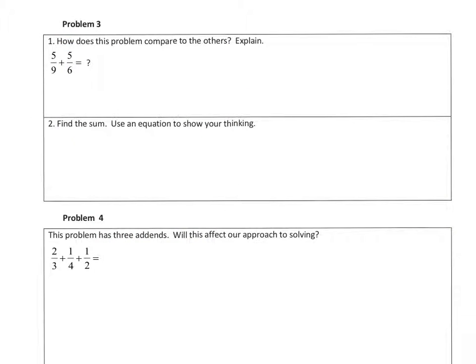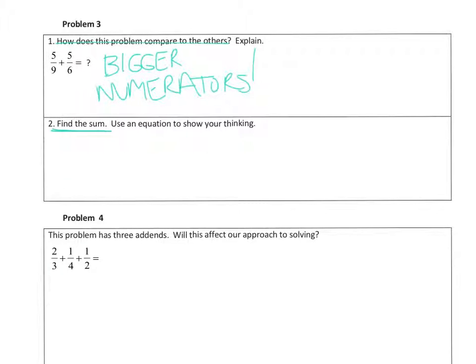Let's check out this one. So how does this problem compare with our others? Bigger numerators. We've got 5s now, folks. Here it tells me to find the sum. So that's a good reminder, because I know that sum is adding. So let's see, I have 9ths and 6ths. Can I add 9ths and 6ths? No. So what am I going to turn them into? Well, let's start.